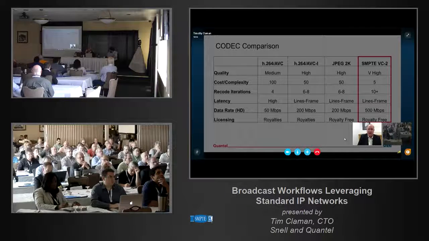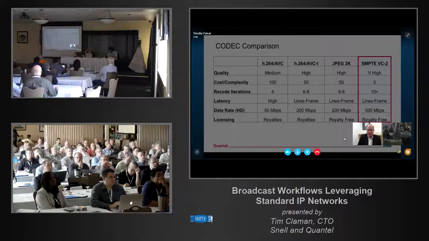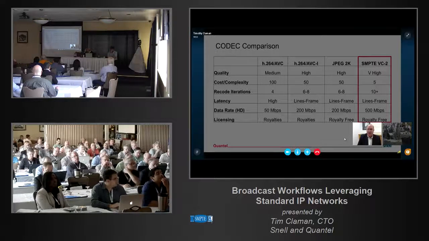There's JPEG 2000, TICO. One codec we think is kind of interesting is VC2, which is a SMPTE standard that was originally developed by the BBC as Dirac. And when you look at the attributes of a codec and what would be good for routing signals within a facility, we think VC2 makes sense because it's very high quality, but it's also very low complexity, making it relatively inexpensive to implement.